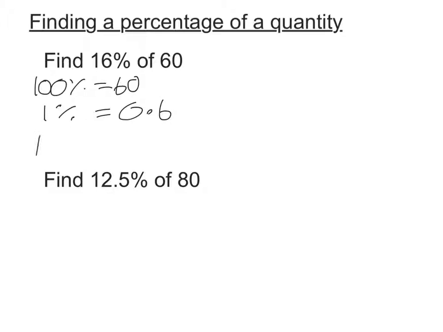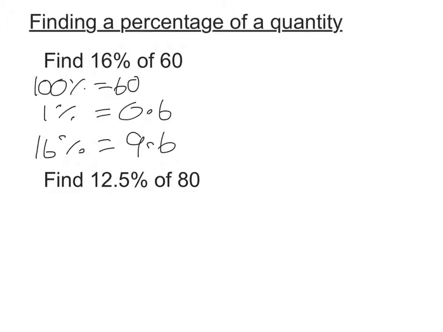Once you know 1%, you can get any percentage you want by timesing by whatever number you want to get. So 0.6 times 16 gives me a value of 9.6. So that's option 1. That will work for every example. Divide by 100 to get 1% and then times by your percentage.